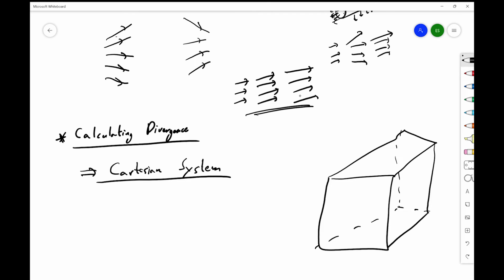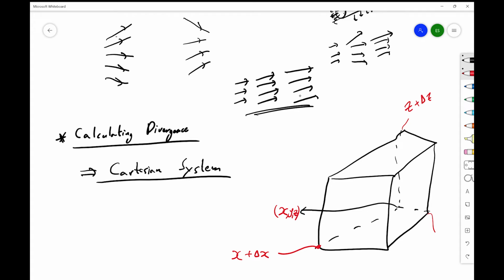So this point here is let's say x, y, z. This point here is at x plus delta x. This point is at z plus delta z.